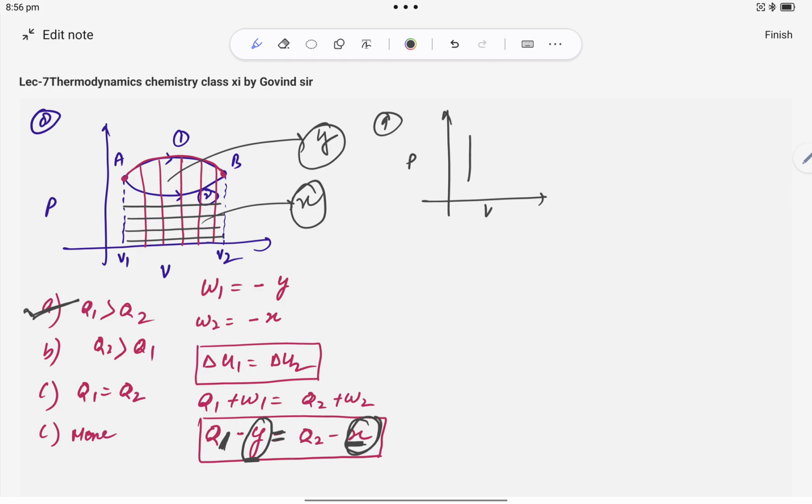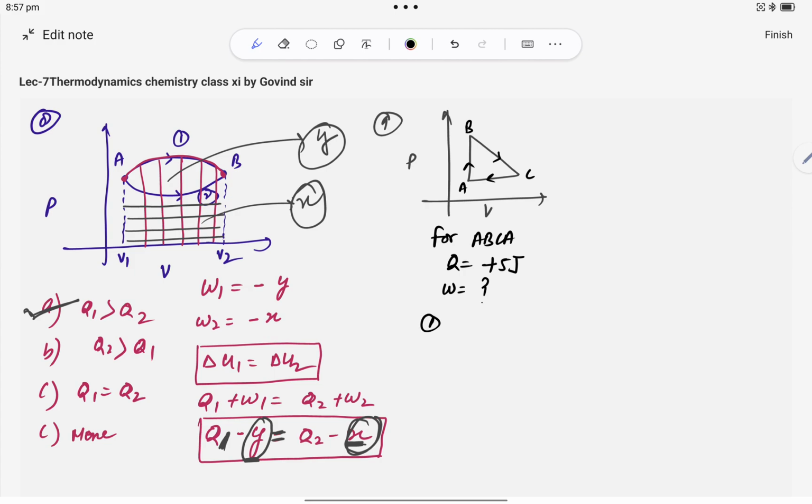The process is A, B, C. Okay, and for ABC, A, Q is equal to plus 5 joule. So what is W?